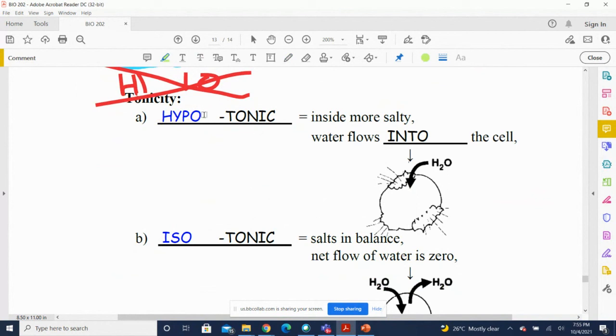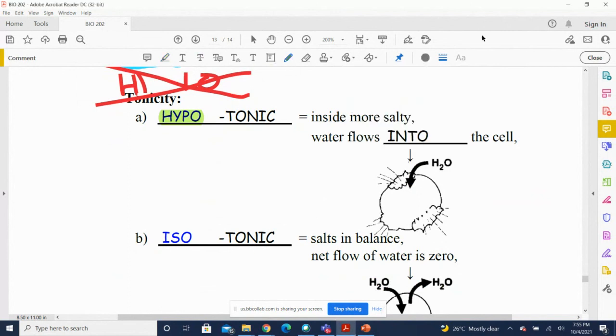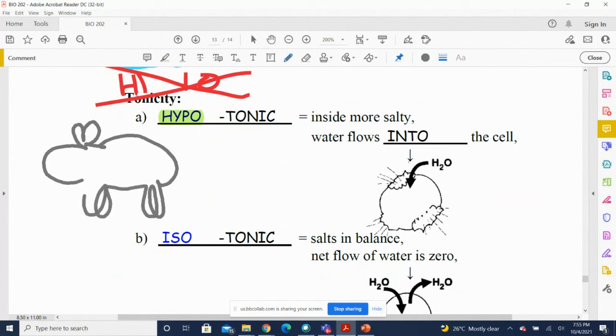The term hypotonic, referring, if you wanted to use the mnemonic that I had, to the hippo. And again, I know I'm not the best drawer here. Here's our hippo. It might end up looking a little more like a pig, but still hippo, hypo, this big swollen animal.